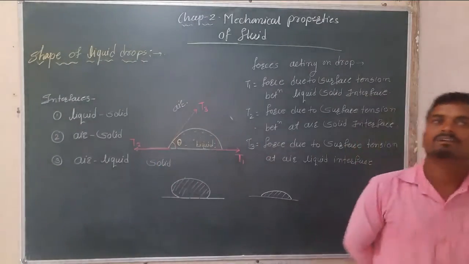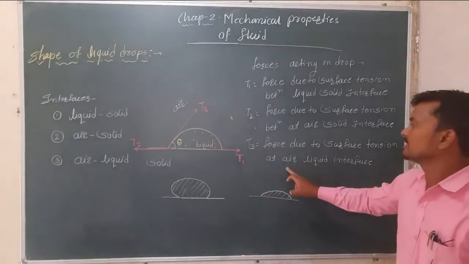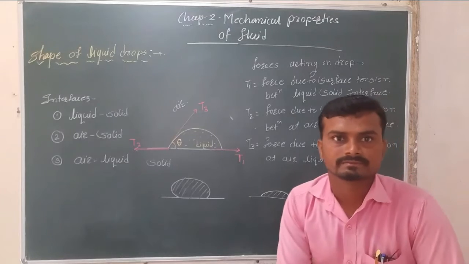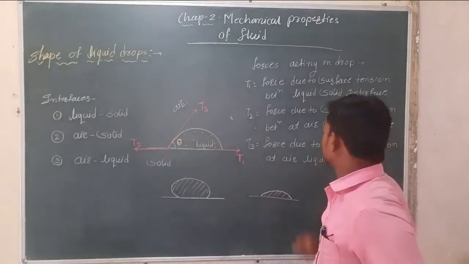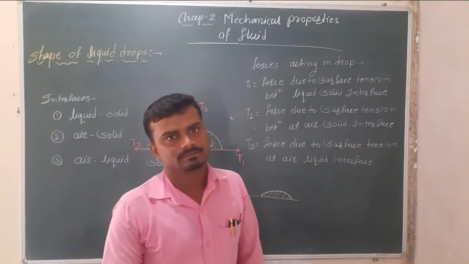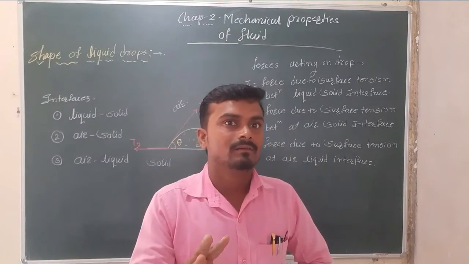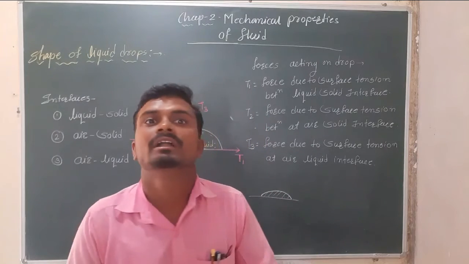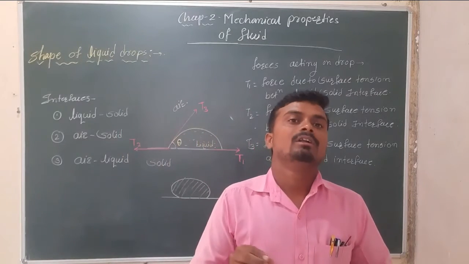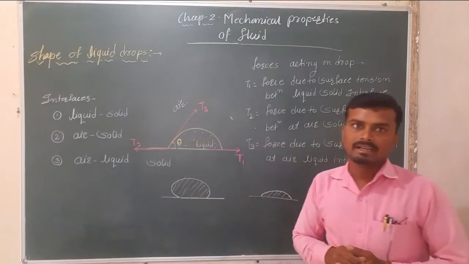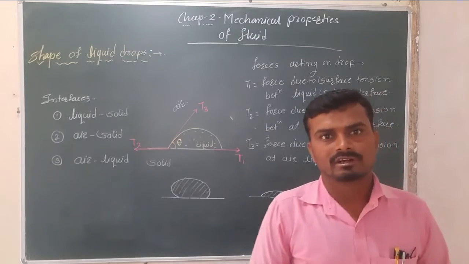And the third force acting on the liquid drop is T3, the force due to surface tension at the air-liquid interface. Depending on these three forces, T1, T2 and T3, the shape of the meniscus or the angle of contact depends. Let theta be the angle of contact. Here I represent theta, which is the angle of contact.